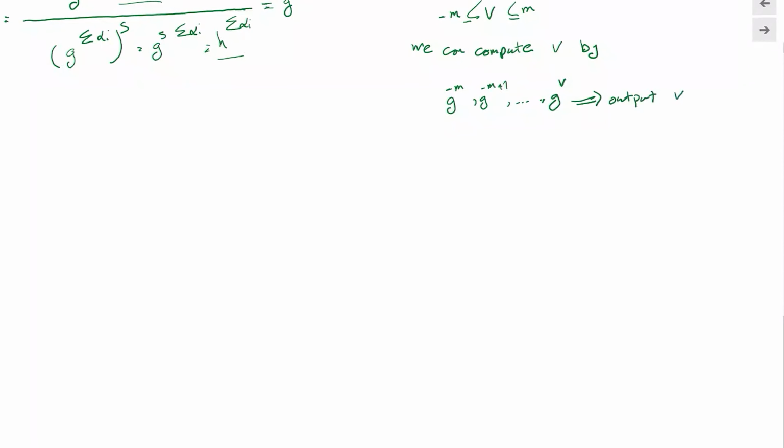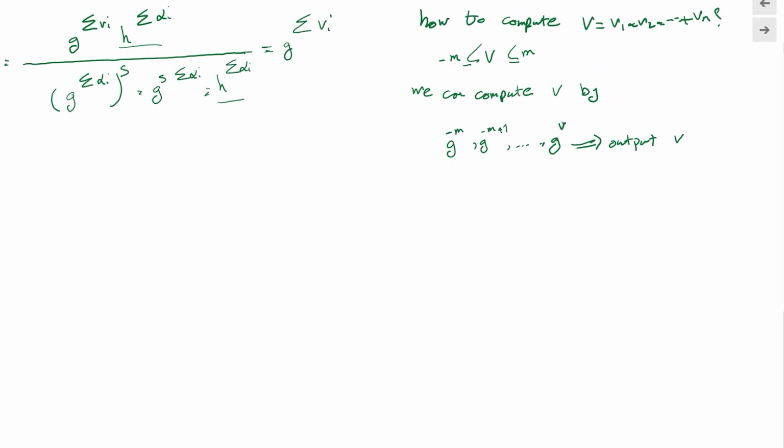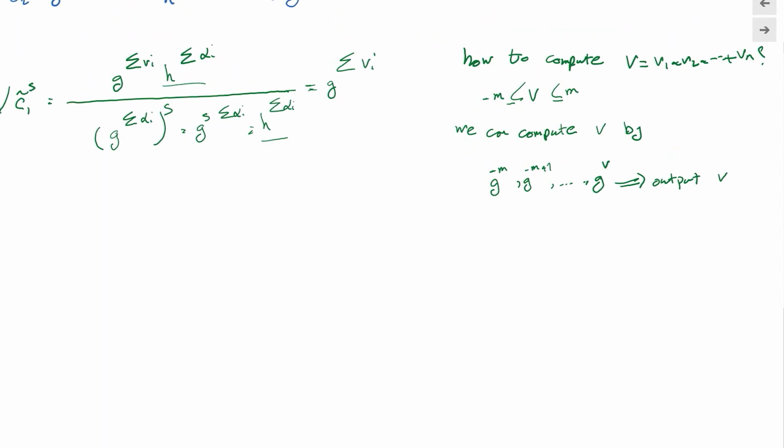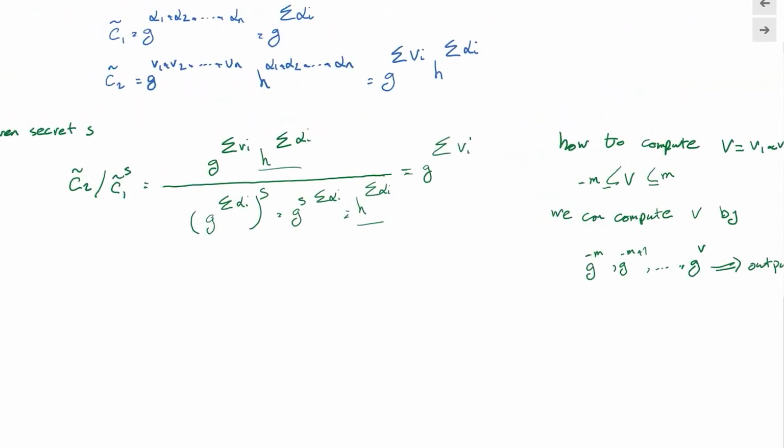So we write a for loop, and we compute from minus M all the way to the place where the result equals G to the V. If that is the case, then we just halt, and the result is just the index of that for loop, which is our V. So this becomes very easy to understand: if we have the secret S, then we can recover that.